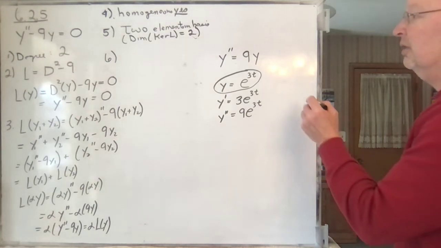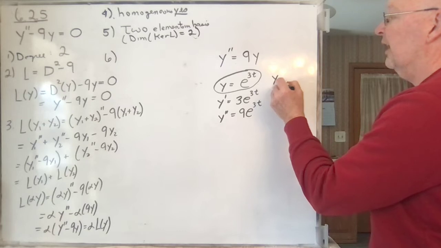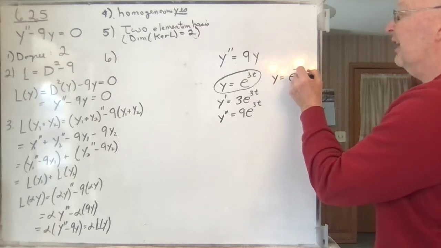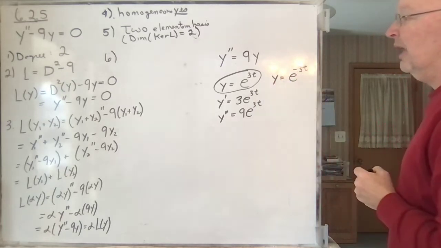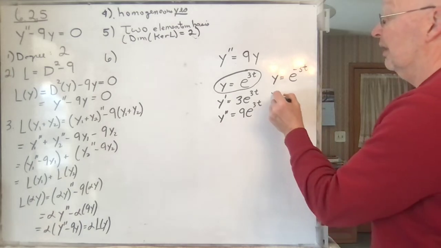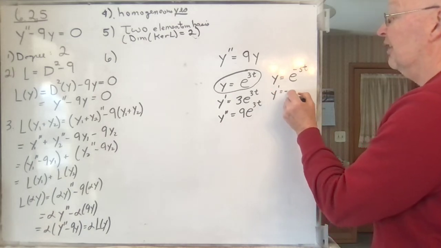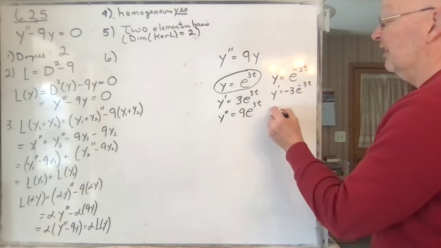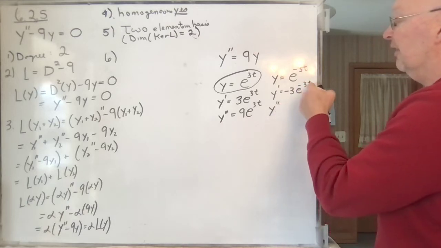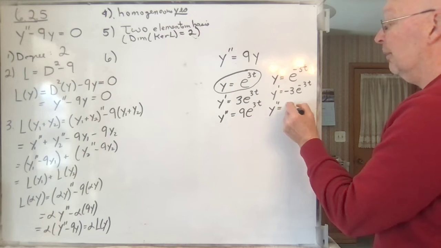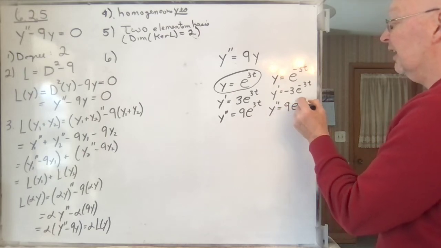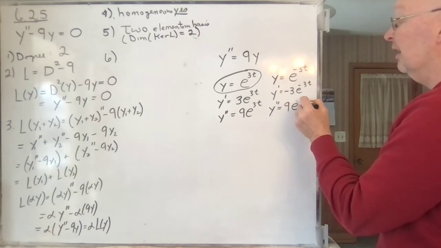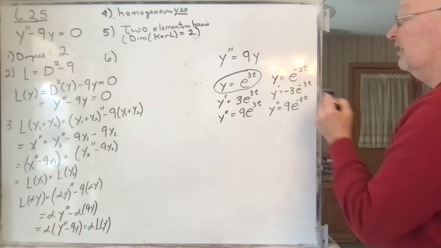What about y equals e to the negative 3t? What happens when we take its derivative? y prime is equal to negative 3 e to the negative 3t. And when I take the second derivative, the negative comes down again, and I end up with 9 again: 9 e to the negative 3t.